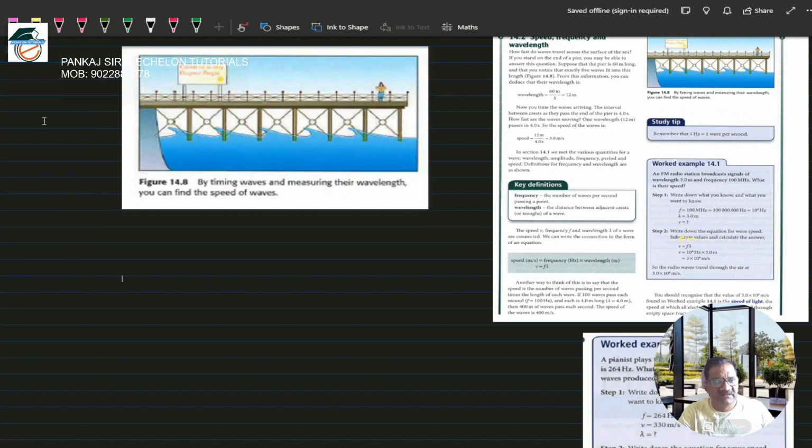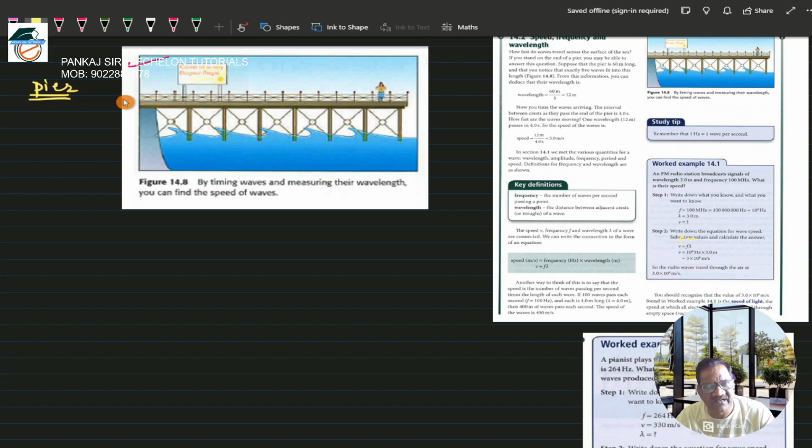Now here you can see, in this particular diagram, can you see this diagram? This thing which you can see is known as a pier, P-I-E-R.